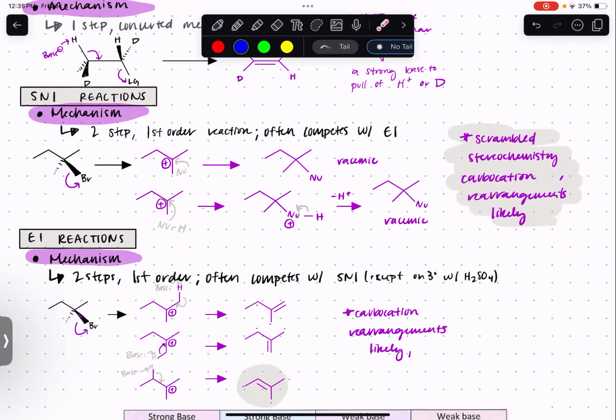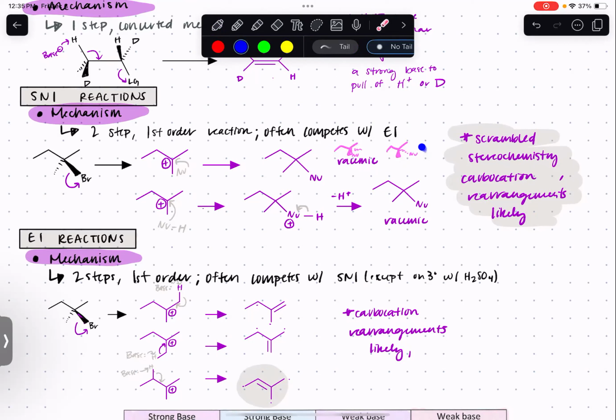So we're going to get products where our nucleophile is here and our carbon's on the back, but we're also going to get ones where our nucleophile is on the back and this methyl group's in the front. So the racemic just tells us that we're getting both of these.